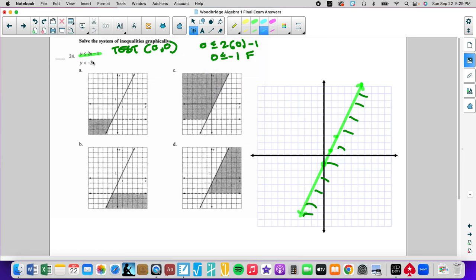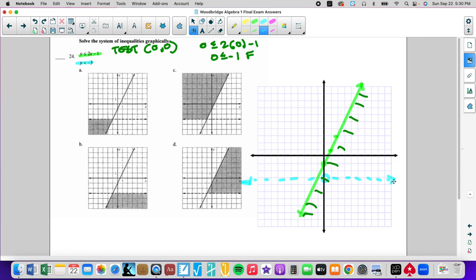And now let's do this one. Let's graph this. Since there's only one variable, we know it's going to be either vertical or horizontal. This is going to go through the y-axis at negative 3. This is my y-axis at negative 3. 1, 2, 3. It is an open circle because it's not equal to, so it's going to be a dotted line because all of these y values are negative 3.